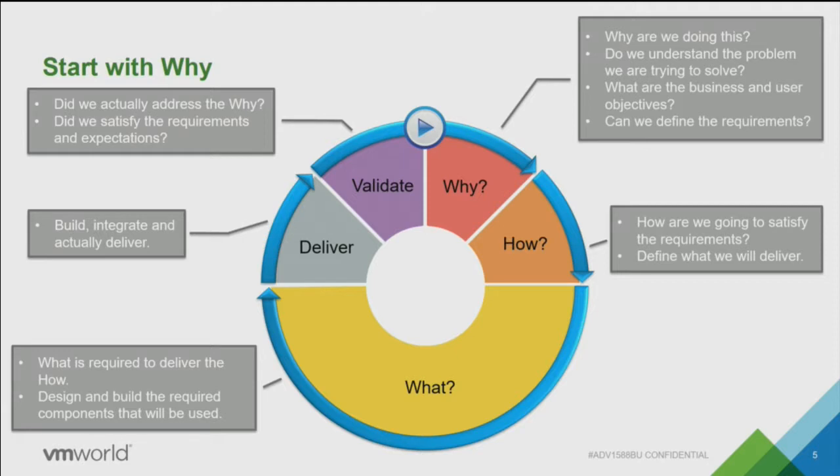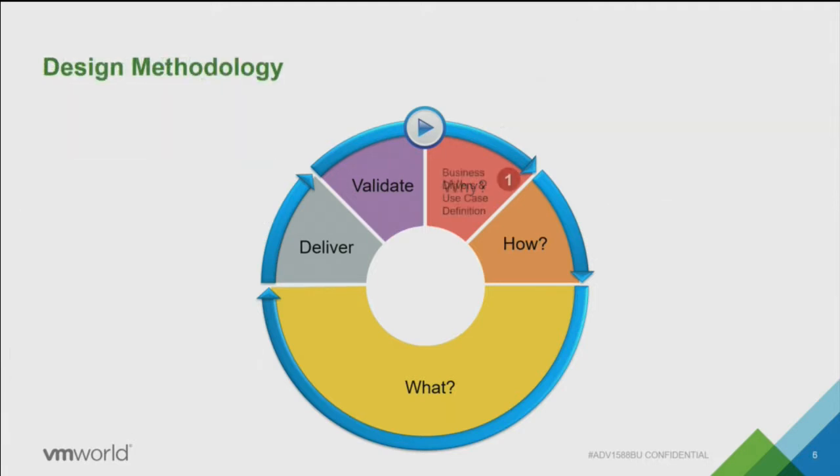Most often than not, this is not around the circle once. This is going back around and tuning and tweaking and changing stuff, especially if you treat this with a pilot or proof of concept. Go around this with a pilot, get some stuff wrong, then go back around and get it right. So how does this translate to Horizon?